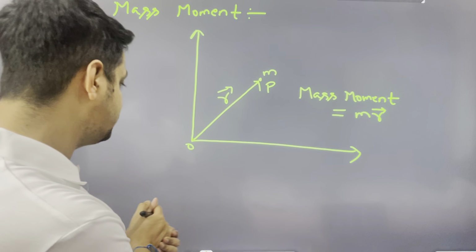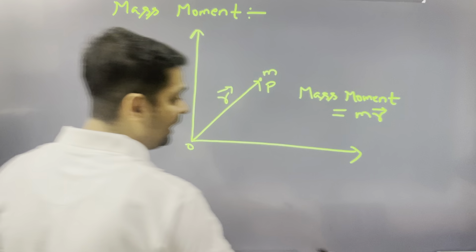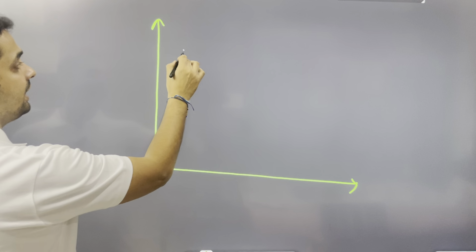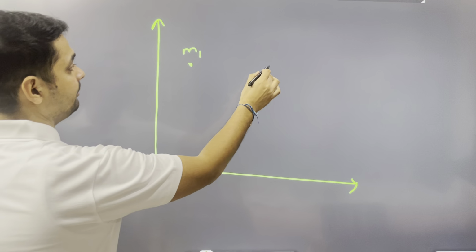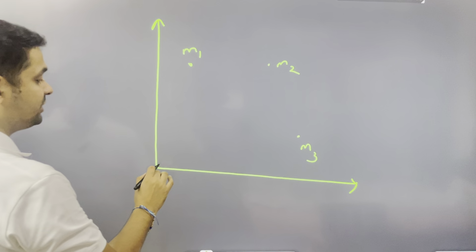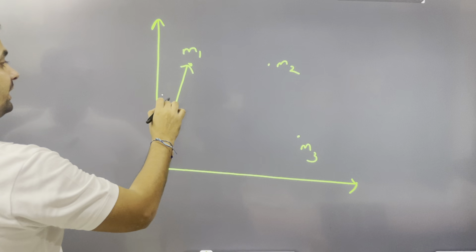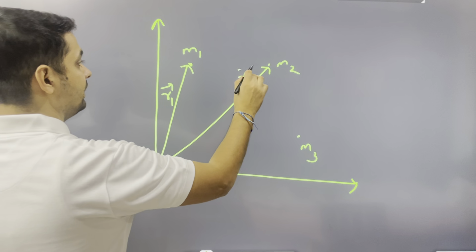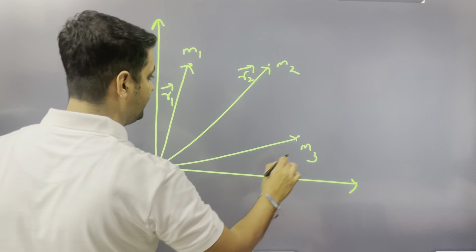Now, how will it be useful to find the center of mass? We'll see here. For example, you have one system of particles, in which different particles are there, m1, m2, m3, and their position vectors are given, r1 vector, r2 vector and r3 vector, correct?